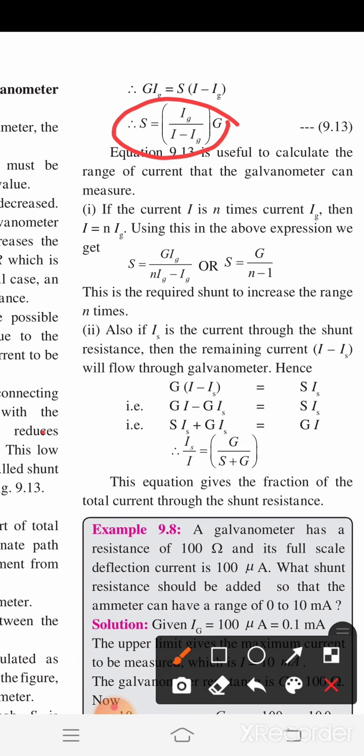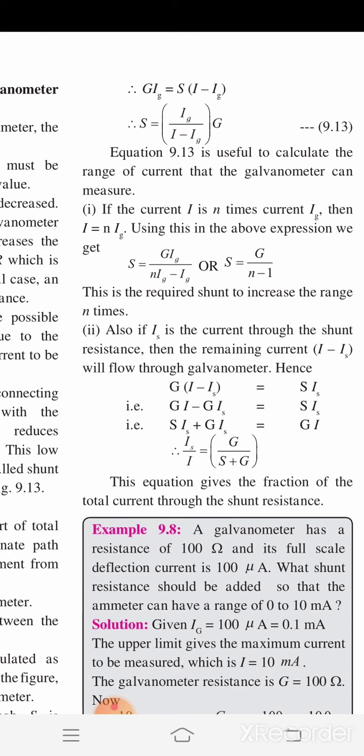This equation 9.13 is useful to calculate the range of current that the galvanometer can measure. If the current I is N times the current Ig, means the current flowing through the galvanometer is Ig, then N Ig is equal to I. Using this in the above expression, that is in equation number 9.13, we have S is equal to G Ig divided by N Ig minus Ig, or S is equal to G divided by N minus 1. This is the required shunt to increase the range of the ammeter N times.